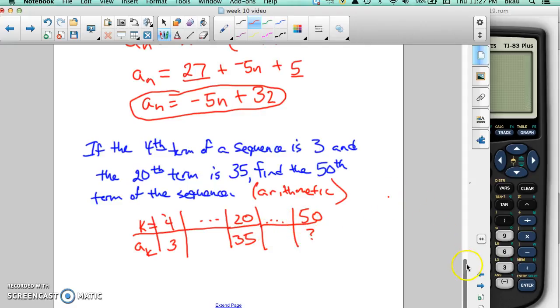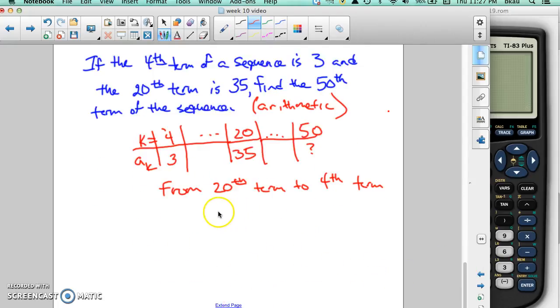So what we want to do is look at how many differences happen between the 4th term and the 20th term. So we can do that by just subtracting. From the 20th term to the 4th term, there's going to be 16 differences.